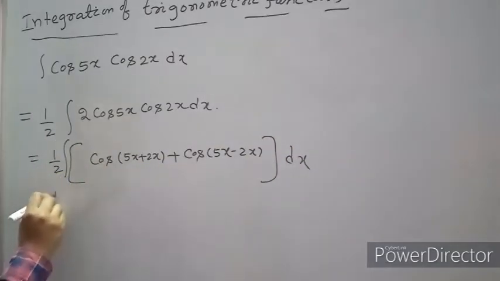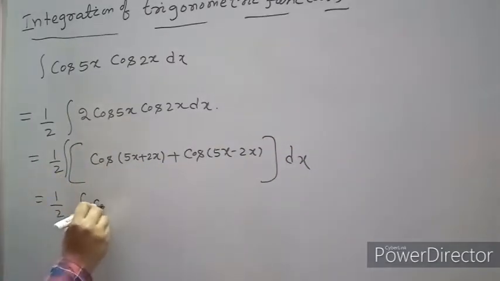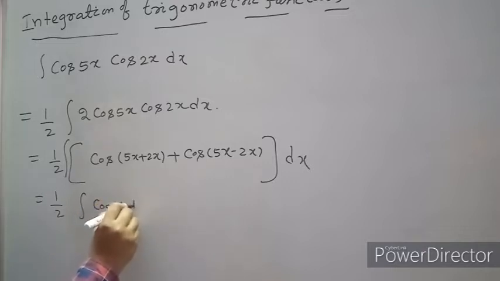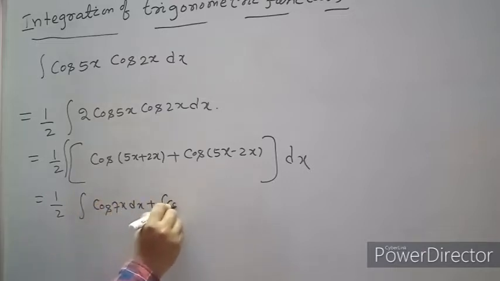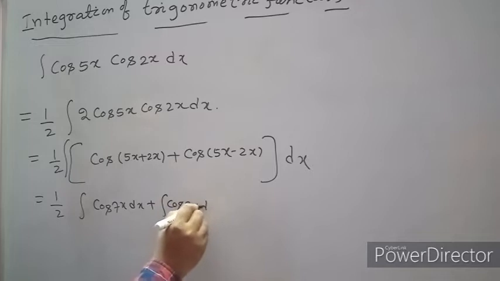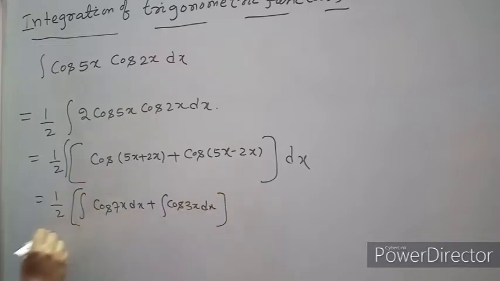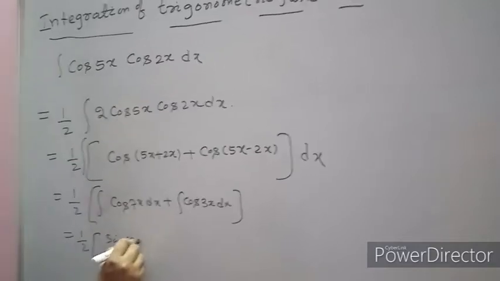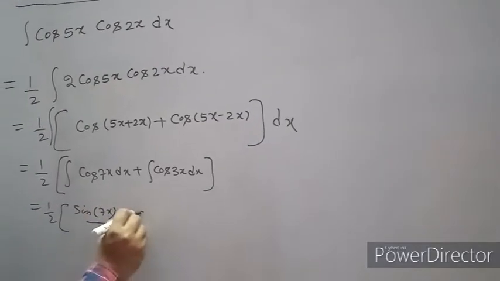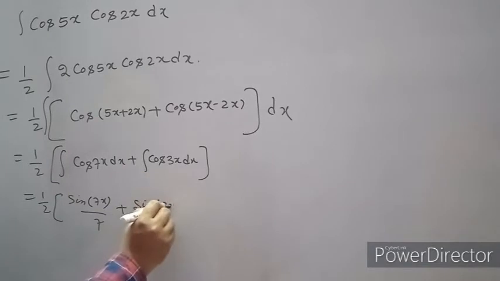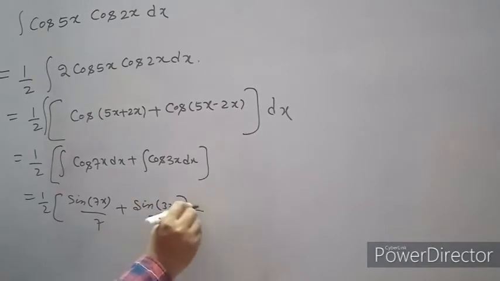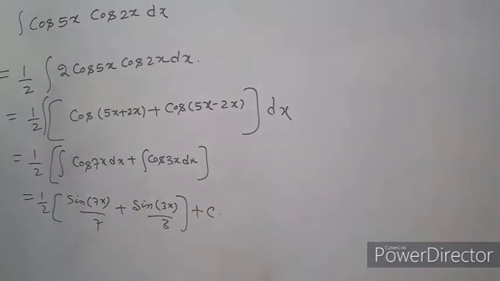So what you get? 1 by 2 integration cos 7x dx plus integration cos 3x dx, and so you will get half. This would give sin 7x by 7 plus sin 3x by 3 plus c. So if it is of the form cos and sin, you can also do.